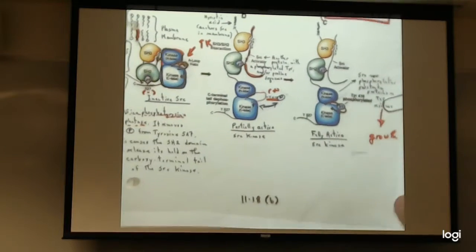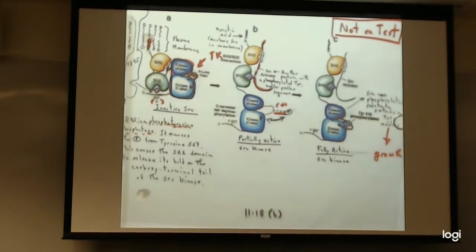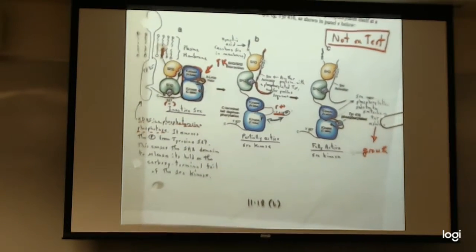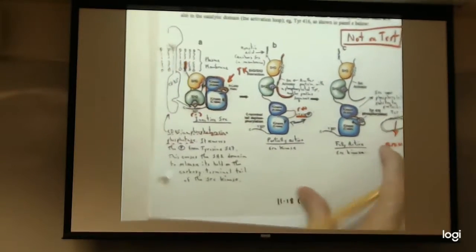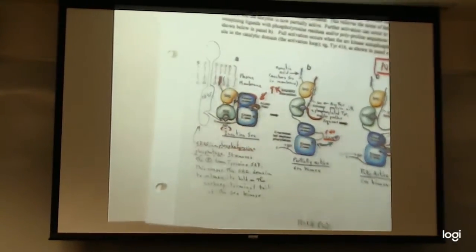So here, since my own research back in the day was very much focused on Src and Src kinases, I'm going to make you learn a little bit about Src. Here's a prettier picture for Src family kinases.